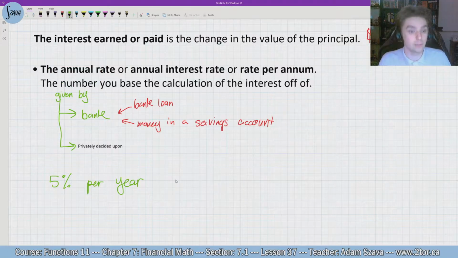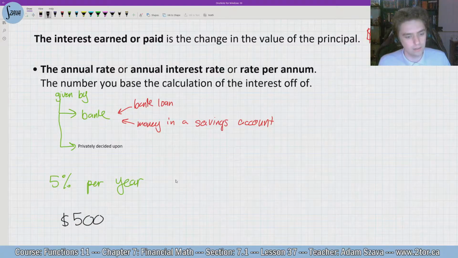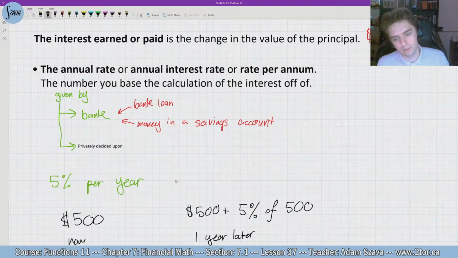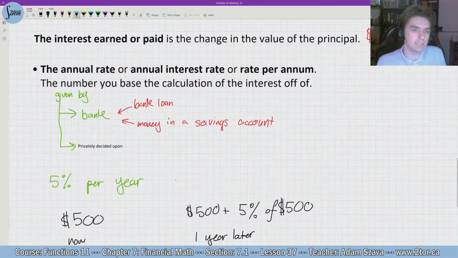This is getting into the example of simple interest, but the simplest way to put it is that 5% per year means that if I borrow $500, and $500 is just a random amount, 1 year from now what I'm going to owe is $500 plus 5% of $500. And that's what I mean when I say the interest rate is 5%.